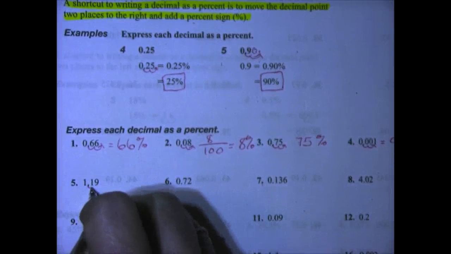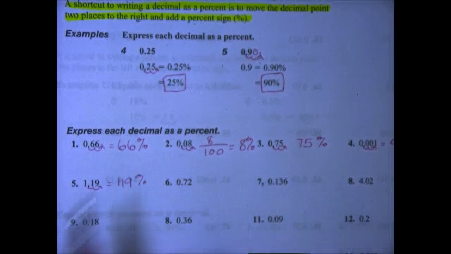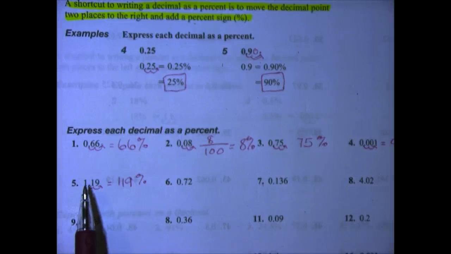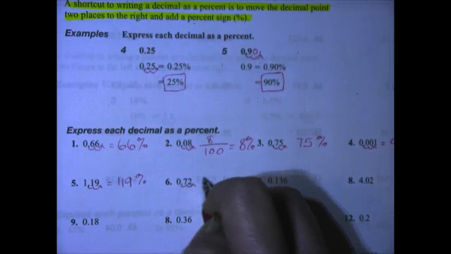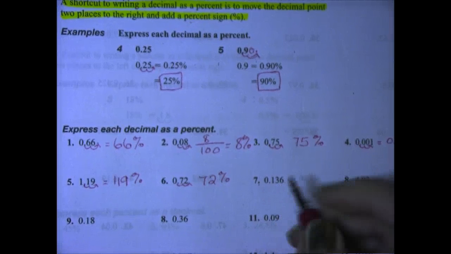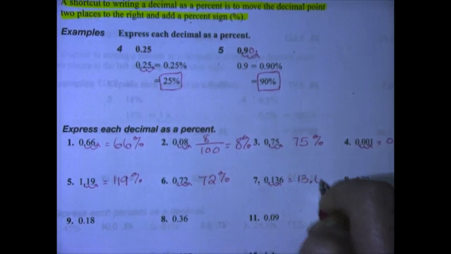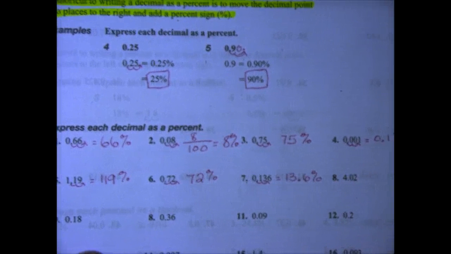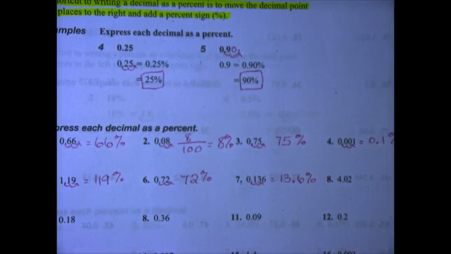If I take my decimal point and move it 2 places to the right, I get 119%, because what it's saying is I have 1 19/100ths more, so I know it has to be over 100. 72/100ths, move your decimal point 2 places, you get 72%. 136/1000ths, move your decimal point 2 places, you get 13.6%. 4 2/100ths, again, you should notice that this one's going to be over 100%.